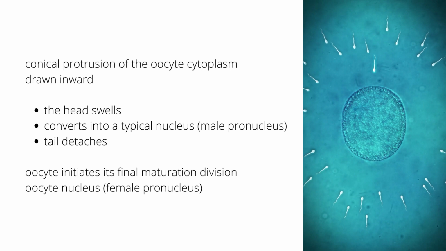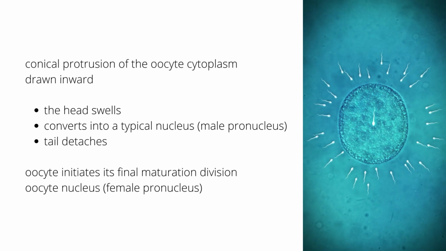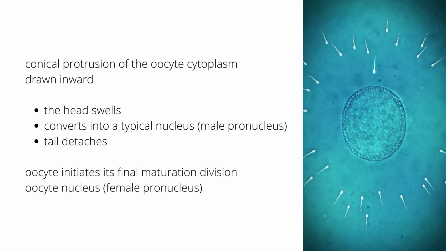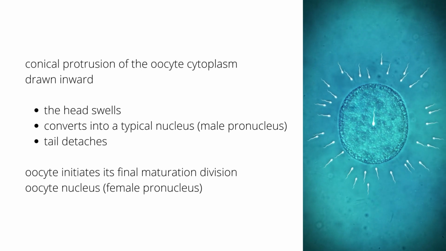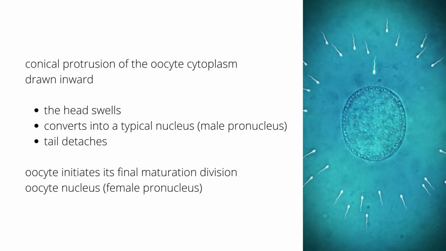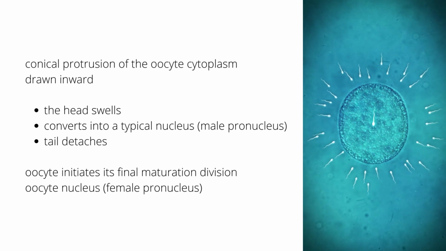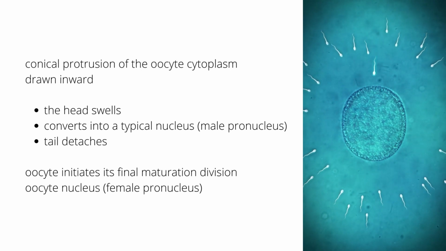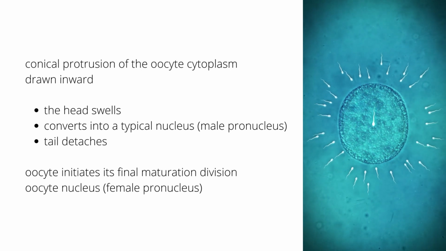It is during the progress of these events that the oocyte initiates its final maturation division, and following the separation of the second polar body, or the one or two polar bodies that are produced during division, the oocyte nucleus reconstitutes and is called the female pronucleus of the ripe egg. It is now ready to unite with its male counterpart, the male pronucleus, and thereby consummate the total events of fertilization.